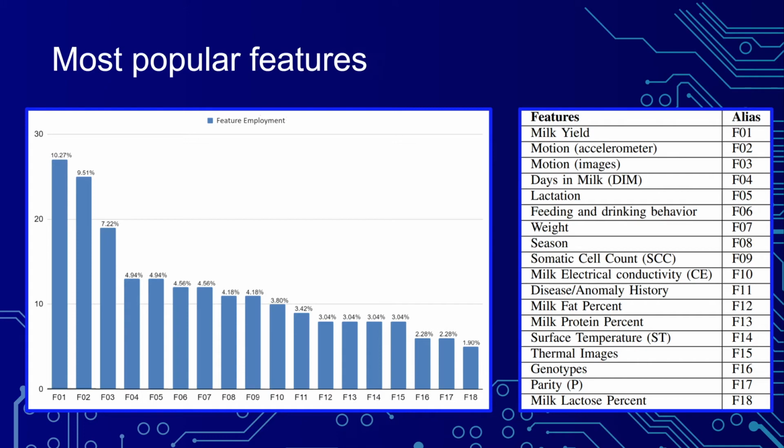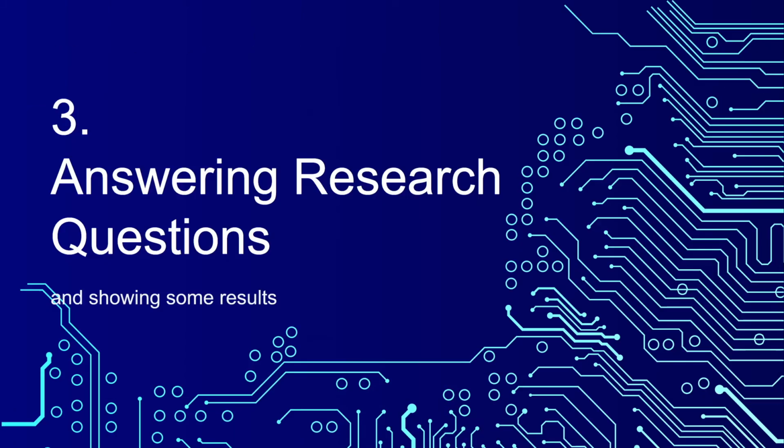Those images can be camera-taken or just videotape. Days in milk, lactation, feeding and drinking behavior. Those are the most prevalent features in all the articles that we gathered. Now remember those research questions that we defined earlier.